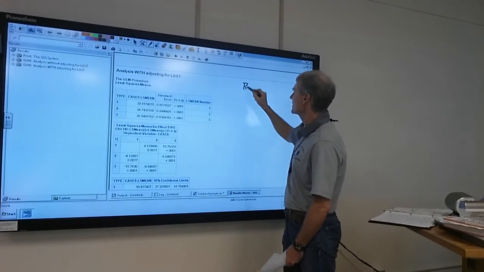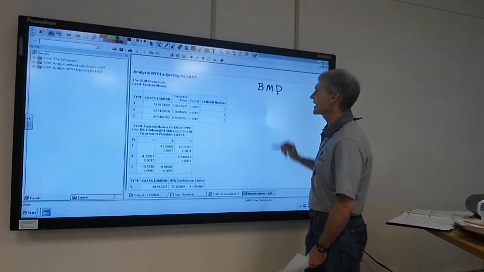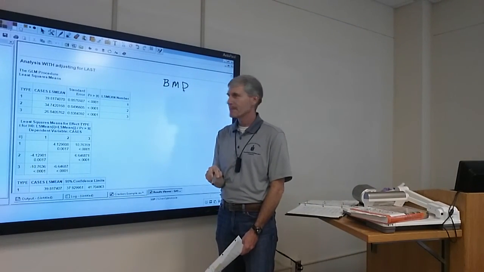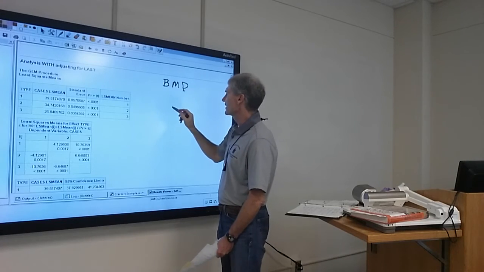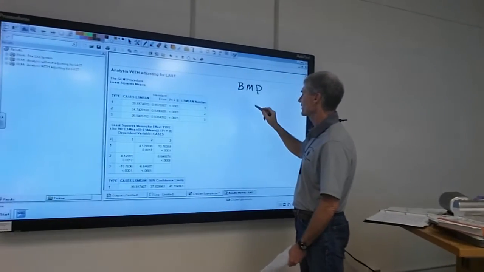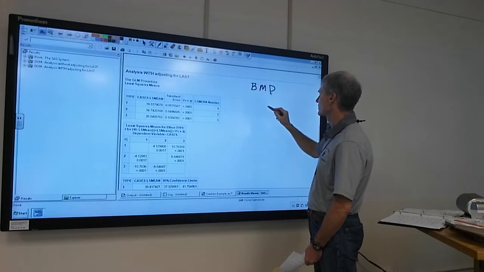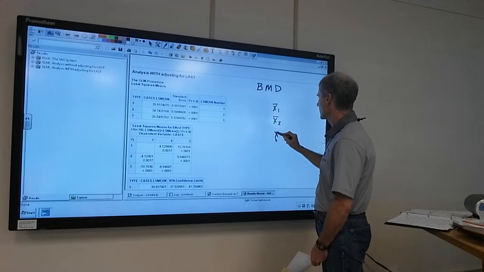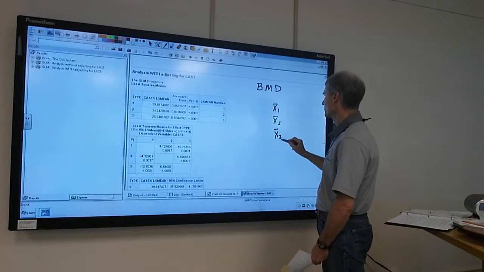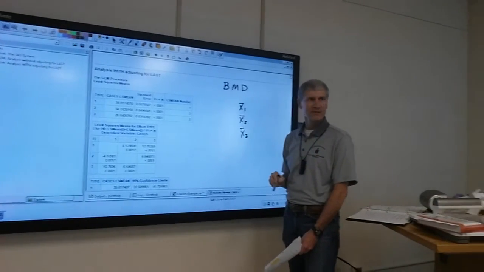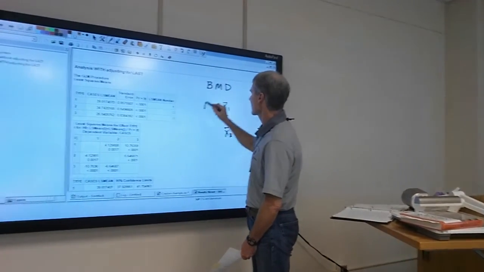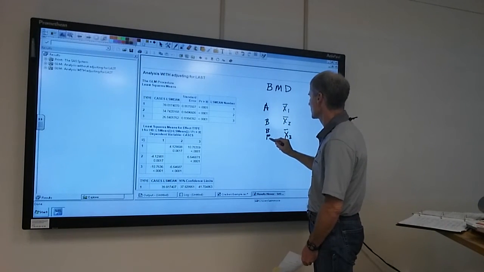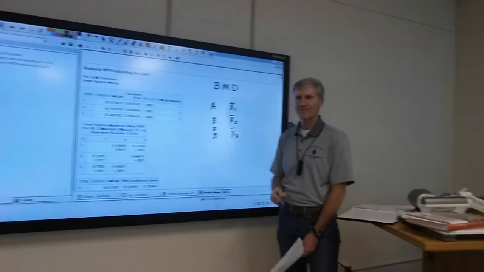for the BMD data, the bone marrow density data that you had in the last homework problem, right? It printed the means, and I don't remember what the values were, so we'll just say X bar 1, X bar 2, and actually these should be Y's, but group means. And then it had like an A, and then a B, B, B. Everybody ever seen that?